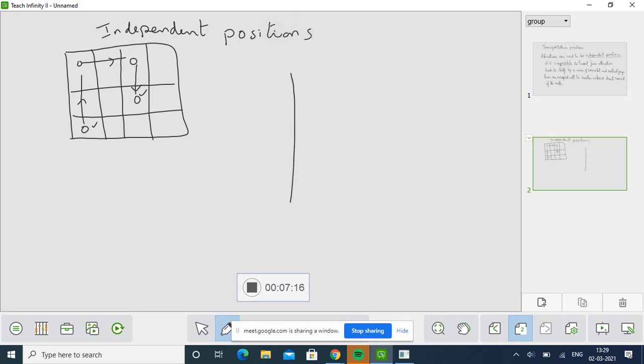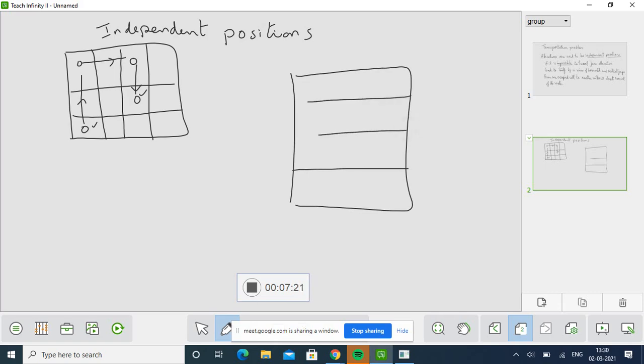Suppose we take another grid, a 4 cross 4 grid. Now see, in all these, you cannot move from one point to another only by means of horizontal or vertical lines. So these are also independent positions.